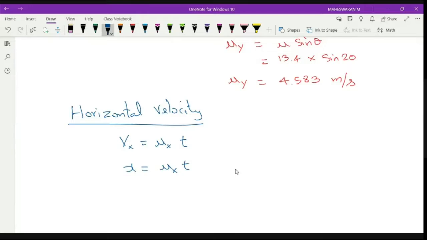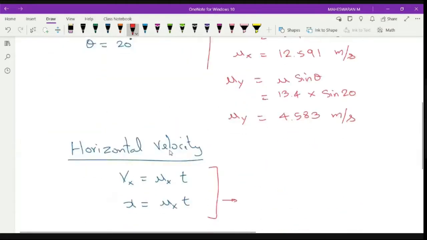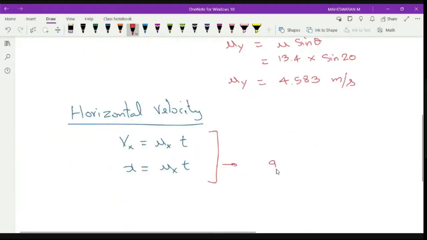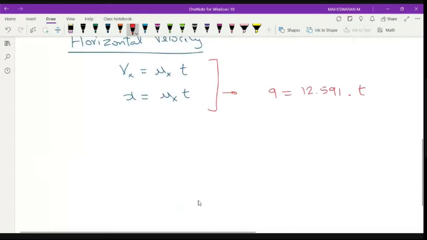What is the value of x in this case? It has to pass this 9 meter, so your x is 9. So 9 is equal to ux, which we already identified as 12.591, into t, right? So you can identify the value of t. What is the time taken for crossing this 9 meter? 0.714.